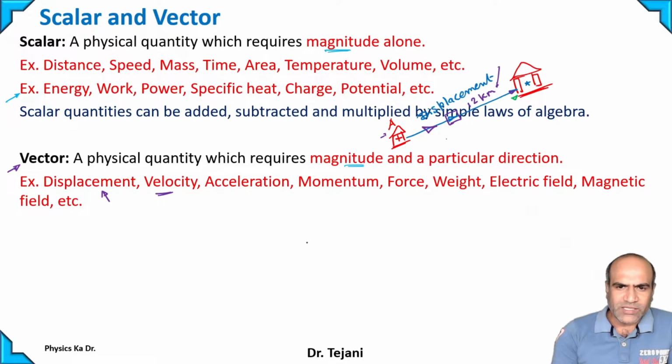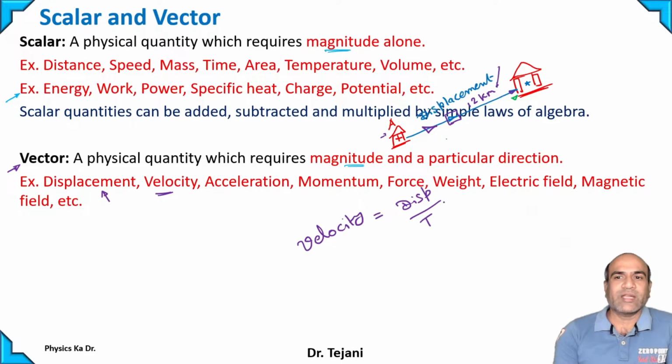Now what is velocity? Velocity is equal to displacement divided by total time, divided by time taken. In the case of speed, it was distance divided by time. Here it is displacement divided by time. And we know that displacement is a vector quantity and time is a scalar quantity.